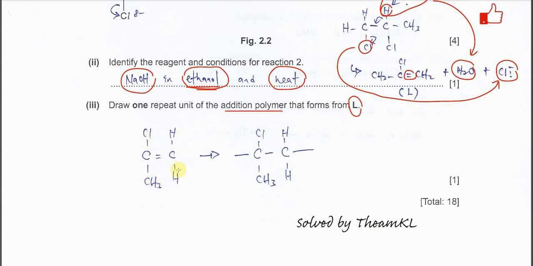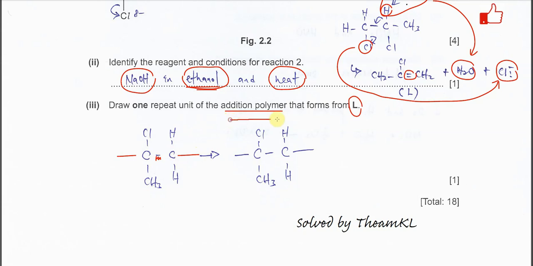So this is how the compound L looks like. When this one wants to form a polymer, the pi bond needs to break here, and this carbon and this carbon will form bonding. So the double bond breaks, or we can say opens up, and it forms these two bonds.